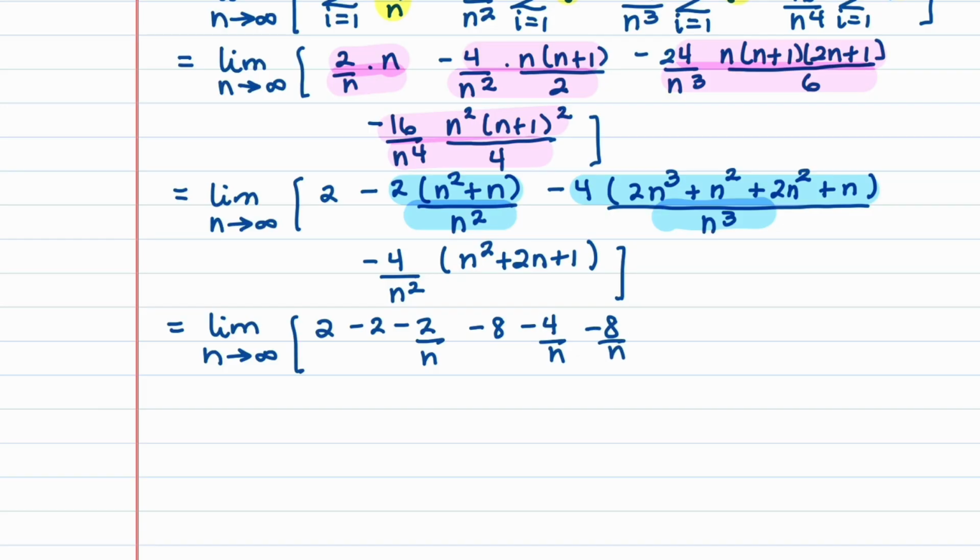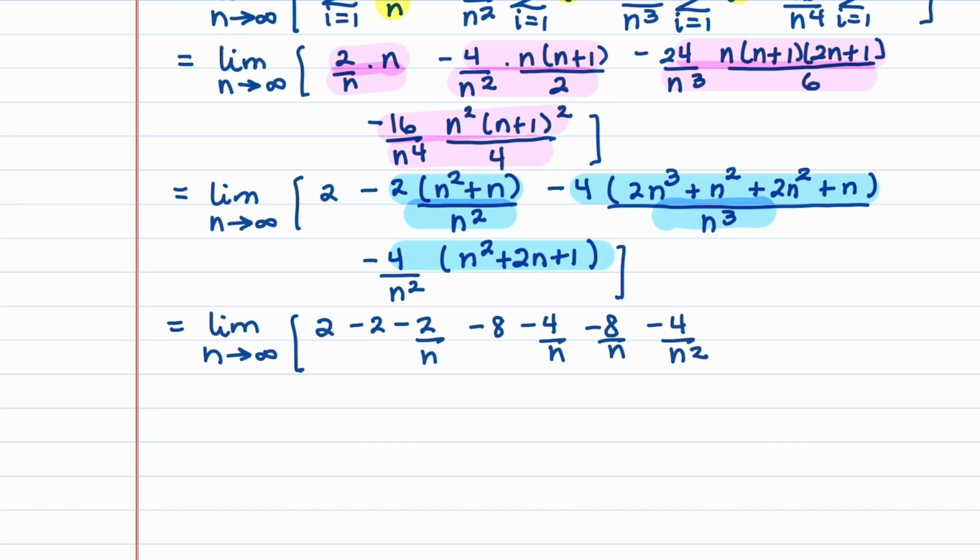And then lastly, we have a minus 4 over n squared. And then we just have this last term. This is minus 4 minus 8n over n squared, so that's minus 8 over n. And then our last term is minus 4 over n squared.